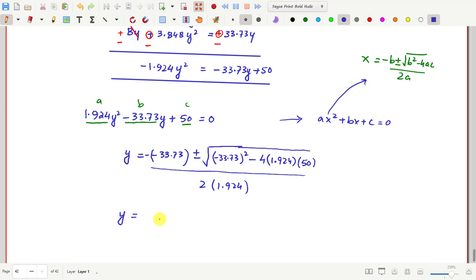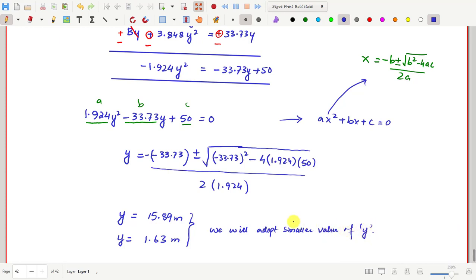One is y is equal to 15.89 meter, and second value you are going to get is y is equal to 1.63 meter. As we have discussed in the numerical in the Kennedy's theory, that if we got two values of y, every time we adopt the smaller value of y.